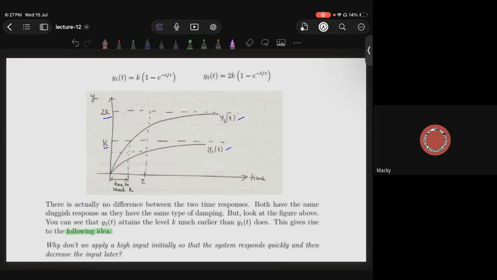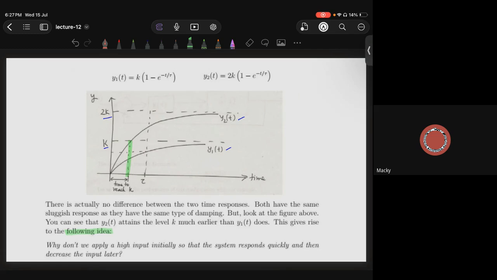One major observation, particularly if you see this line, is that compared to Y1, Y2 reaches K value very fast. Am I correct?